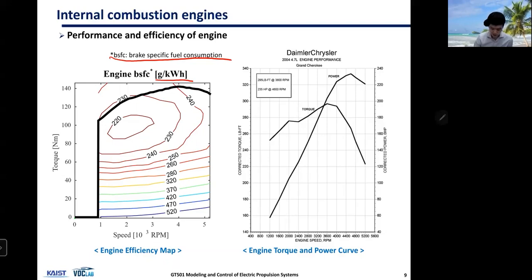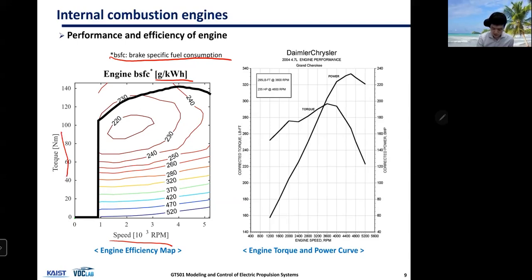So this is a very good and widely used unit to describe engine efficiency. So lower is better. And this figure shows X being speed, Y being torque.